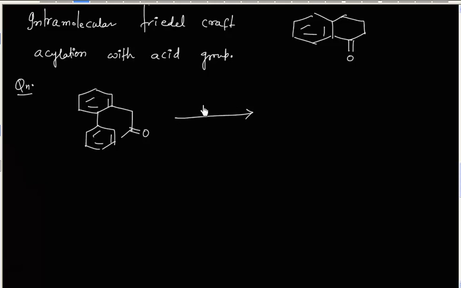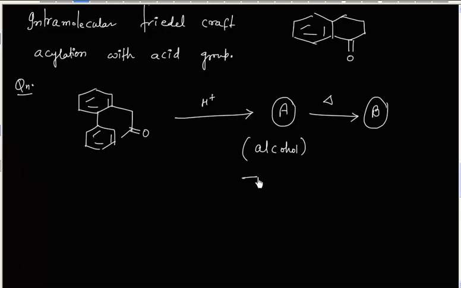So when this compound is treated with H plus, initially gives A, and when A is heated, this gives B. It is given A is an alcohol, so it has an OH group, and B is an alkene, that is it has a double bond.